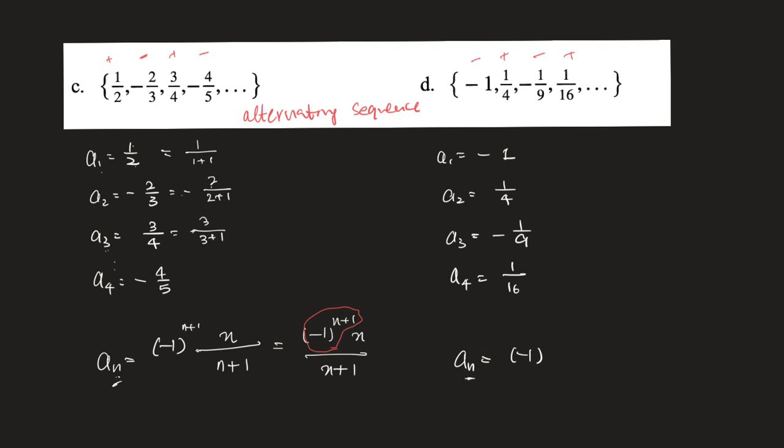The exponent is exactly the same as n. An even term is positive, an odd term is negative. So it's negative 1 to the power n. Now think about the fractions: 1 over 1, 1 over 4, so let's write it: 1 over 2 squared, 1 over 9 is 1 over 3 squared, 1 over 16 is 1 over 4 squared. For the fourth term, 4 squared is the denominator. So this is 1 over n squared. So the general term of this sequence is negative 1 to the n, over n squared. Okay, that's how you find the pattern.